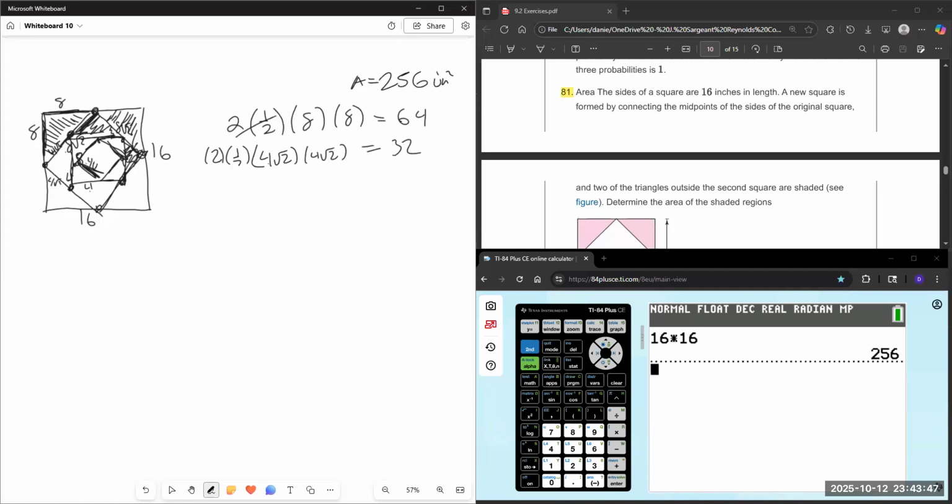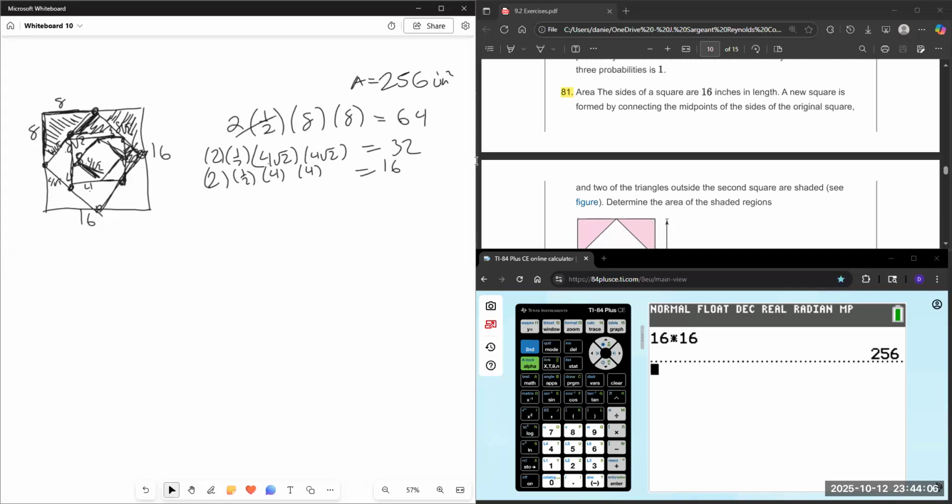So this would be 4 root 2 for this diagonal. And then I would have 2 times 1/2 times 4 times 4, which is going to be 16. So just induce the pattern here, every time I'm cutting it in half.